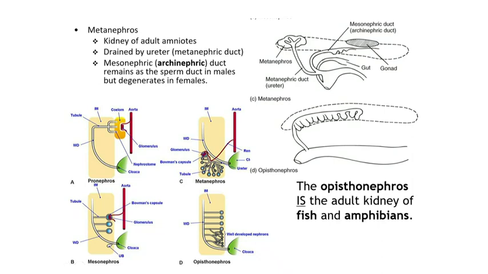Okay, so we see this. We see the ducts, and certainly the close proximity of the developing kidney and the developing gonads, which is an interesting sort of developmental stage that we see in a developing mammal and in developing humans as well.